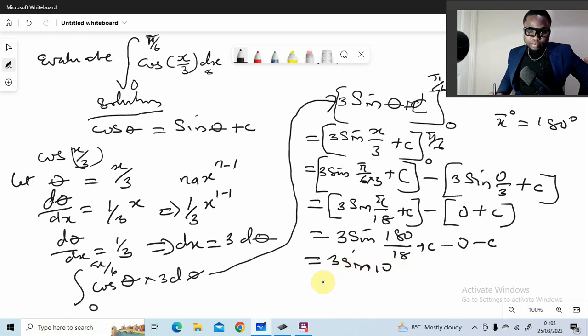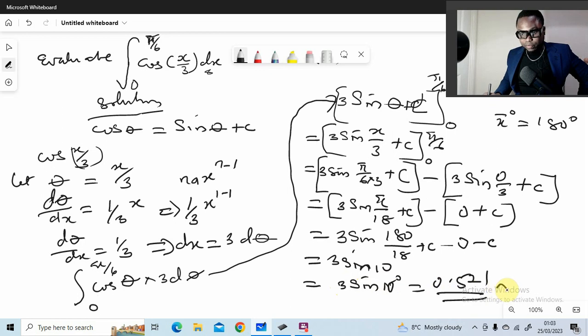If you press your calculator, sine 10 multiplied by 3 will give me 0.21 approximately. So we got the same answer as the previous method without using the formula.